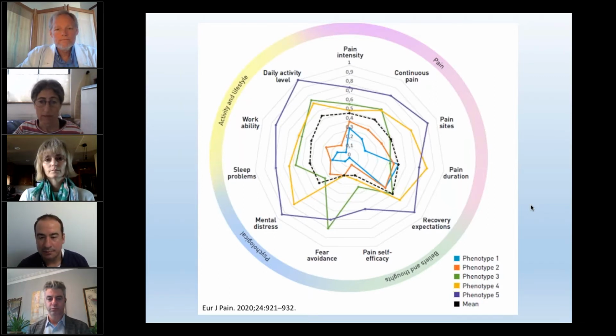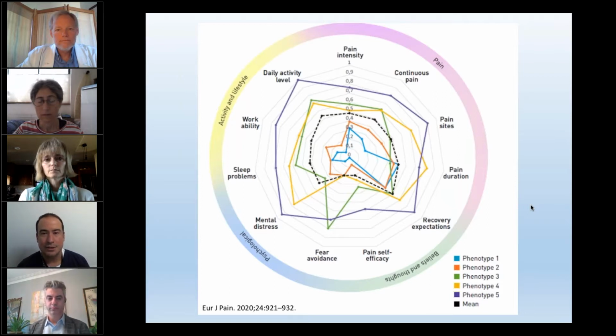Contrast that to phenotype 5, that purple circle on the outside. These are patients who had an acute painful episode and then went on to develop chronic pain, and they have low physical activity, a high number of pain sites, greater distress, and so on.